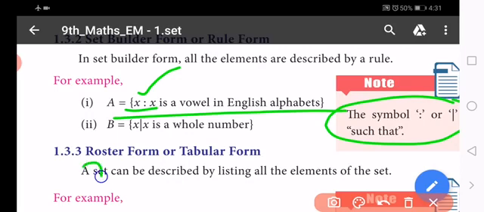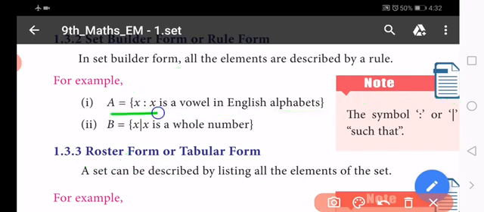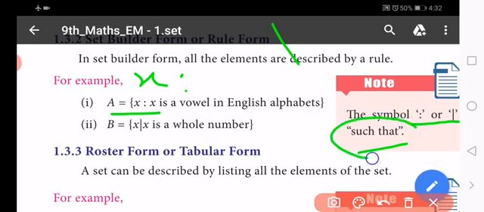If we take all the elements as x, after that we use the symbol colon, or another symbol. It is read as such that.